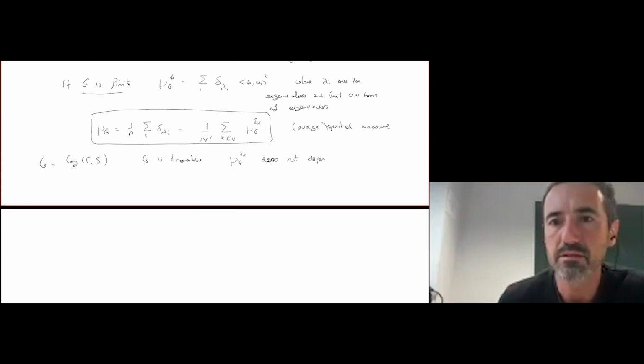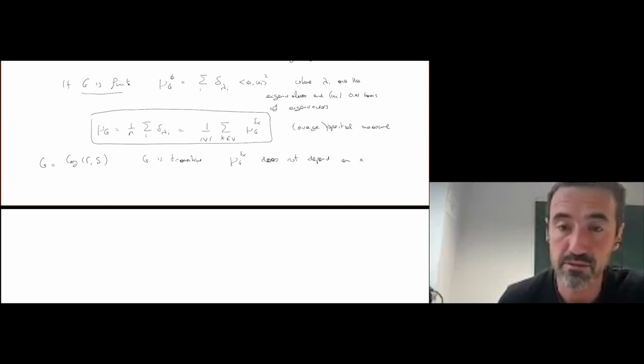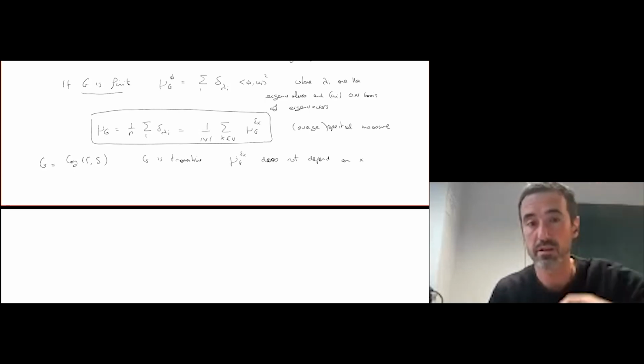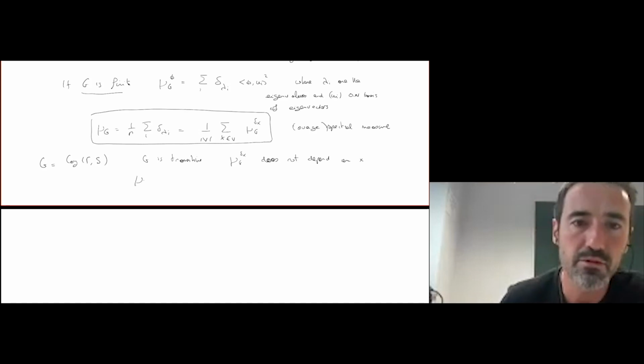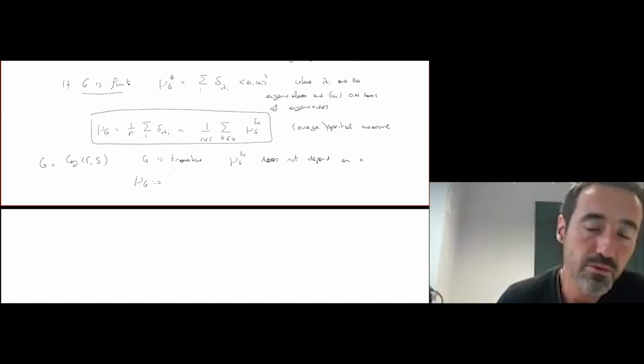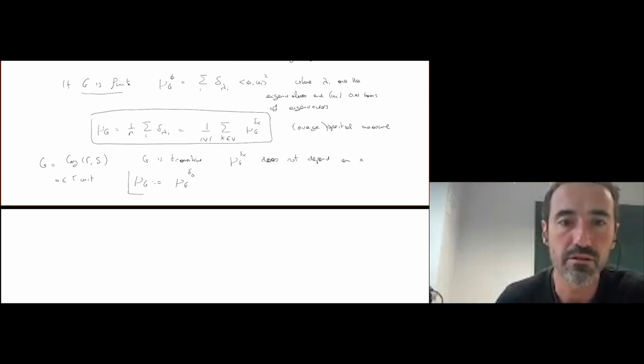Because the moments, for example, are just the number of closed walks of length k starting from x, but since the graph is transitive, this cannot depend on x. So we simply define mu G as the spectral measure at, for example, the unit of the group. And this is called, in this context, the Plancherel measure.